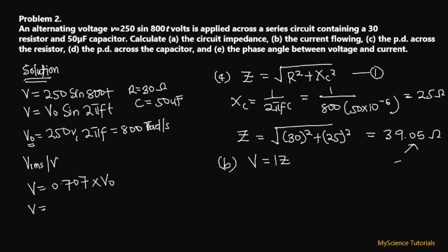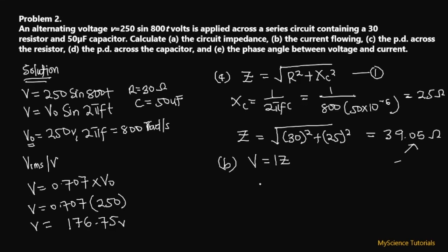That will be equal to 0.707 multiplied by our V0, which is 250 volts. If we multiply all that, we are going to get our applied voltage across this circuit to be 176.75 volts, as the voltage for our entire circuit.